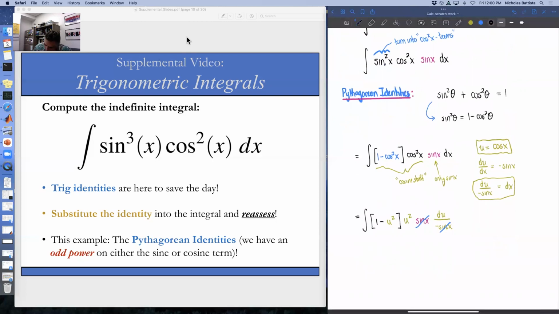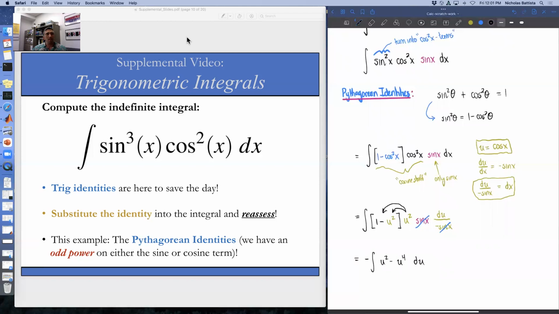And for the remaining terms in this integral, I'm going to pull that minus sign out in front. So we have the integral of minus, and then we can distribute this u squared into both terms in parentheses. So we get u squared minus u to the 4th power du inside of that integral.